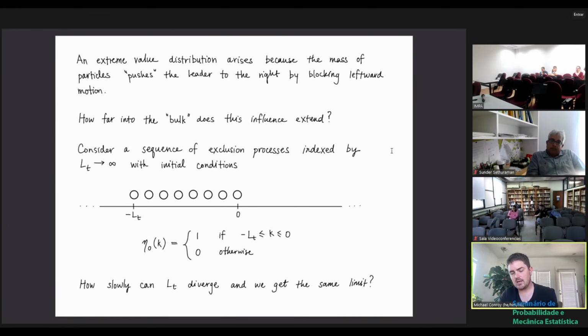We consider a sequence of exclusion processes indexed by initial condition, where instead of a step profile, we have a block of L particles between minus L_t and 0. So we want the convergence of the leading particle as the initial condition is changing. And we ask the question, how slowly can this L_t go to infinity where we still get the same behavior? This will give us, in a sense, how far the influence extends.